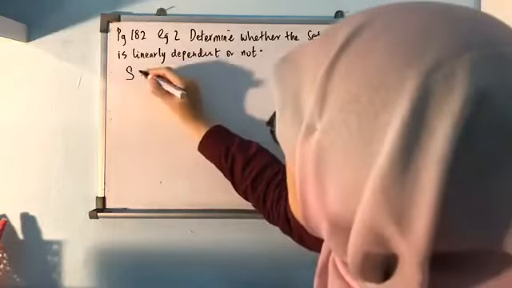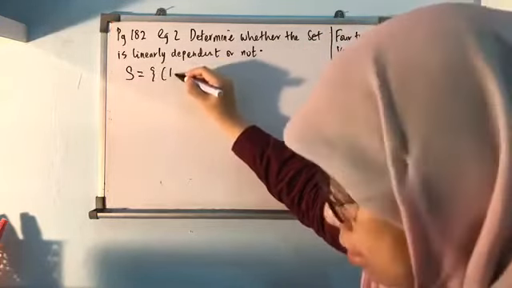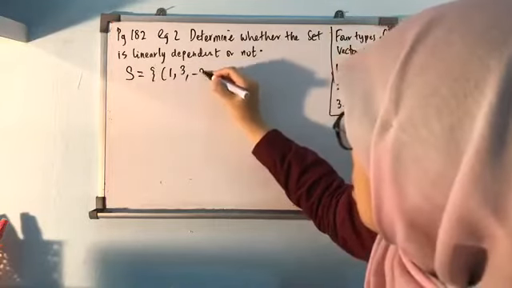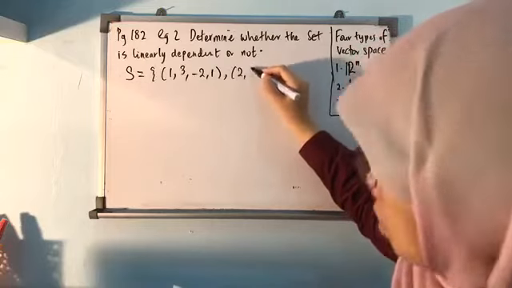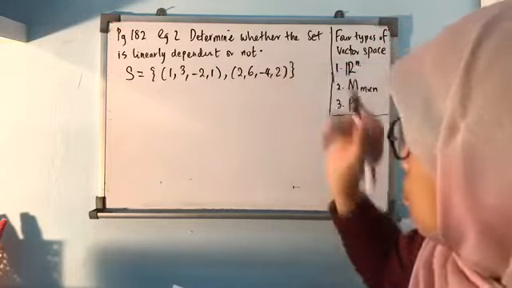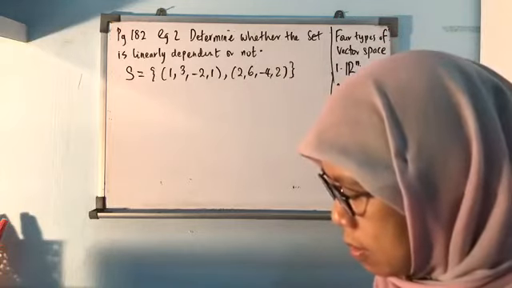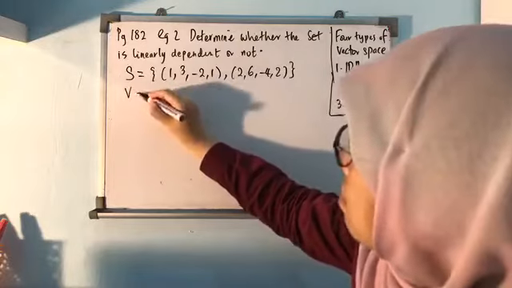Okay, S is given as 1, 3, negative 2, 1, 2, 6, negative 4, 2. Okay, if you are not given, what is V?